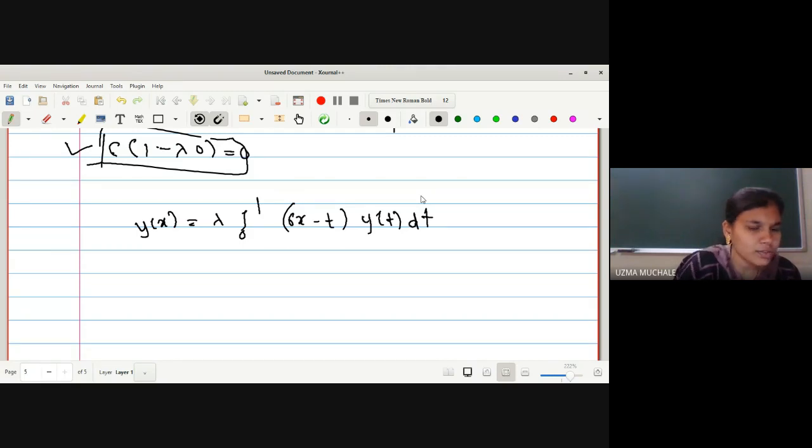Try to solve this because here we get two constants.